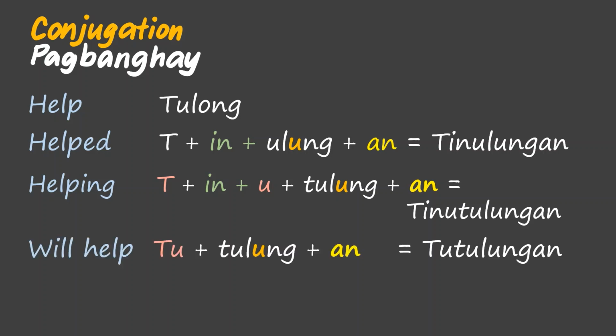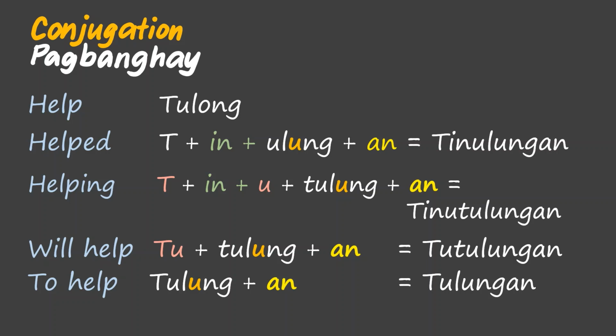And will help, the future tense, we repeat the first two letters of the first syllable, which is tu, plus the root word itself, tulong, but replace the O with you, plus the suffix an, tutulungan. The imperative tense to help is the root word tulong. Again, the O is replaced by you, plus the suffix an, tulungan.